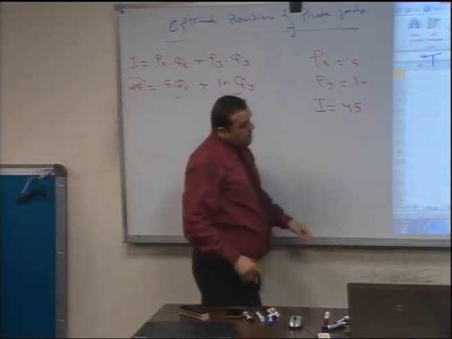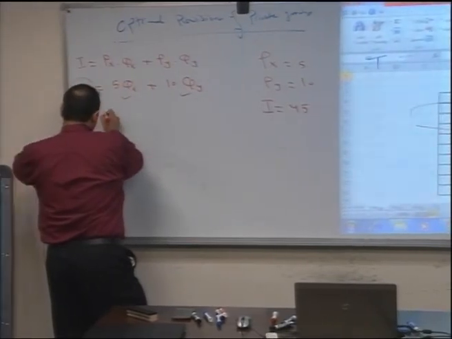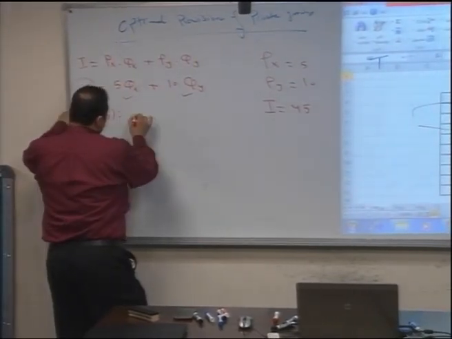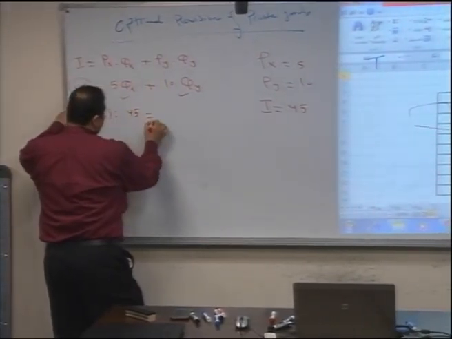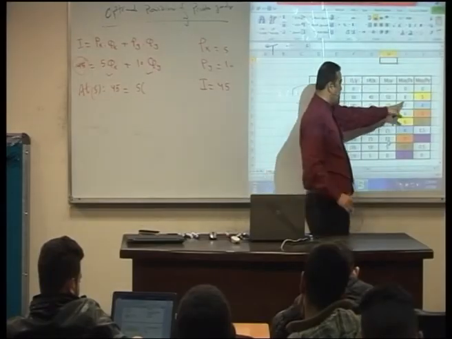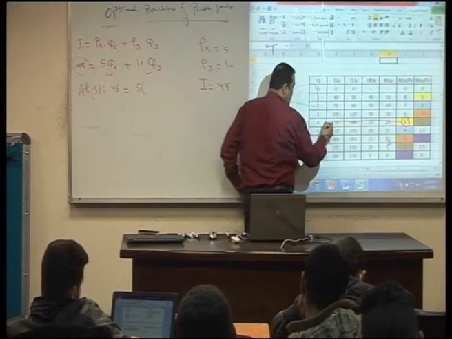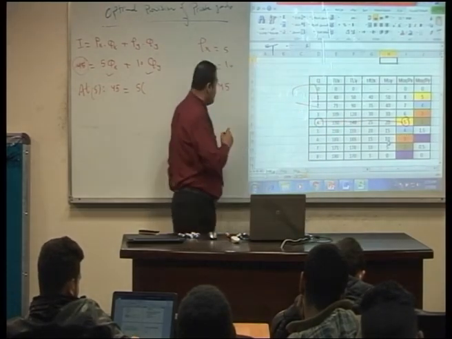Let's see. Let's try at 5. 45 must equal 5 times how much is the quantity of X here? Here the quantity of X is MUX over price of X. This represents QX. QX is 4.